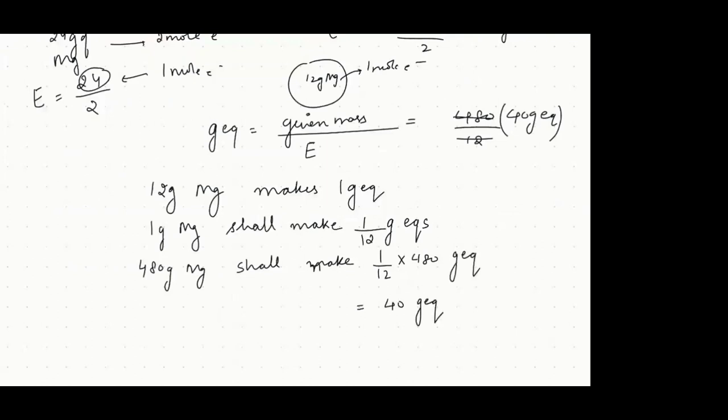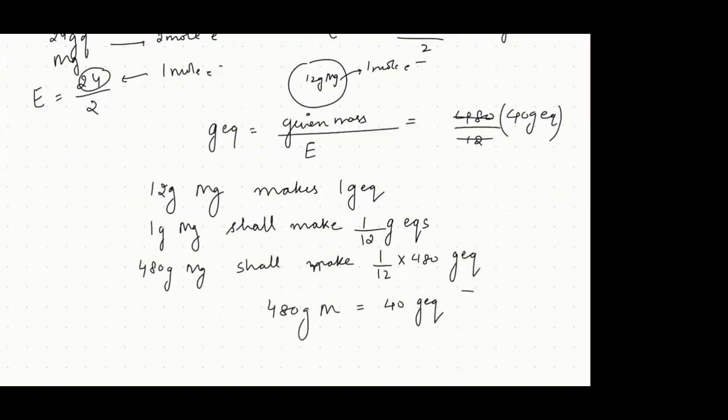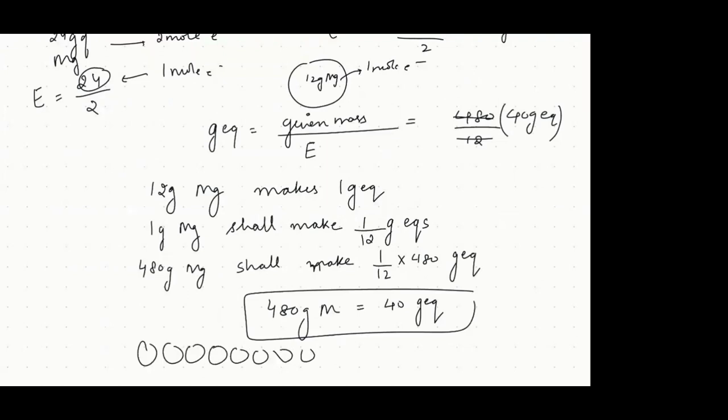Did you understand my point? So you can divide 480 grams into 40 such packets, so that every packet contains 12 grams of magnesium and every packet releases 1 mole of electrons.